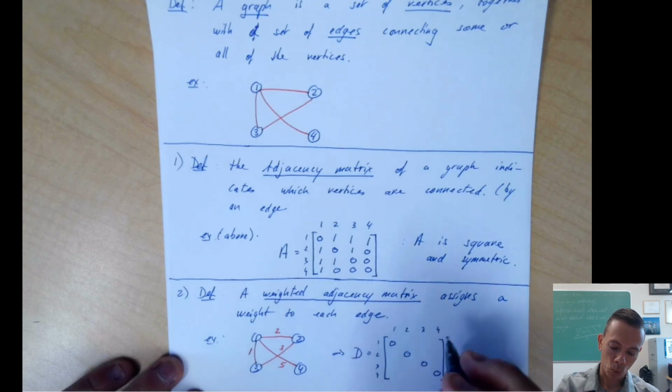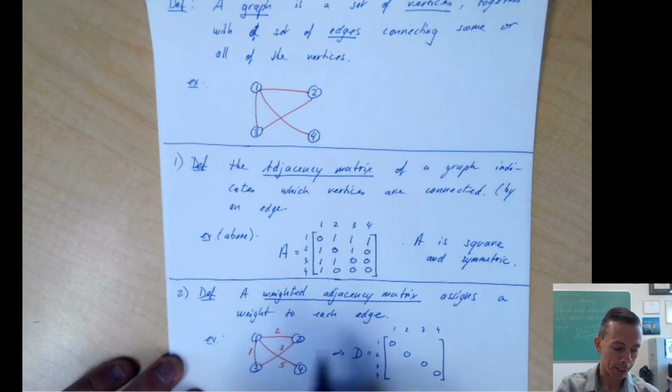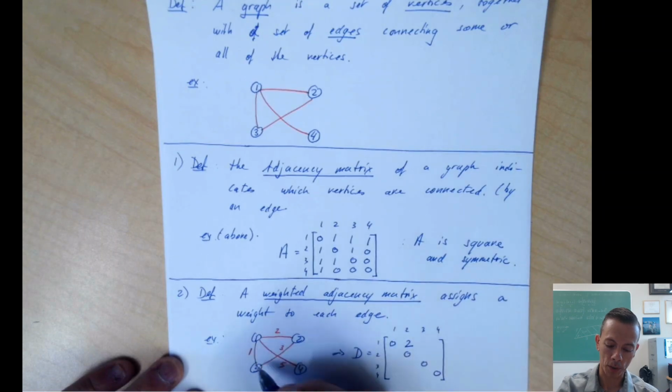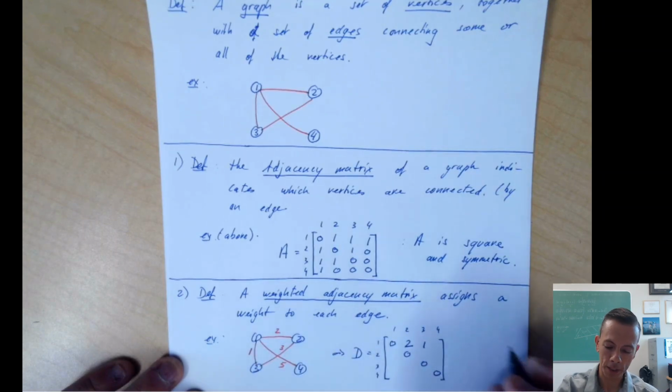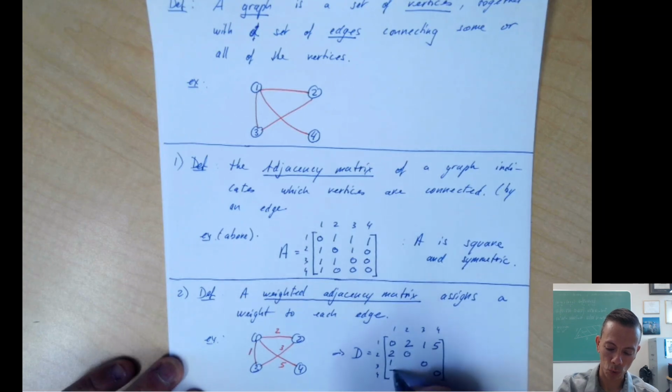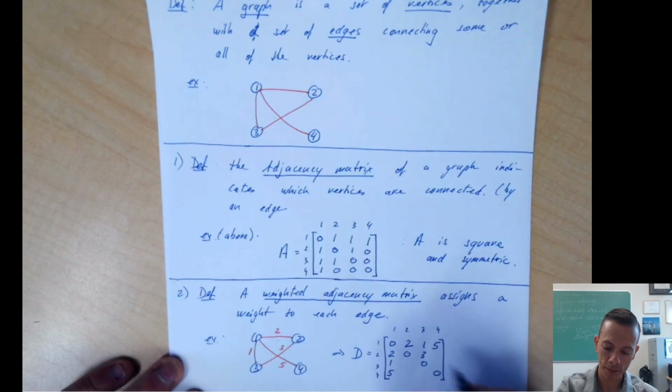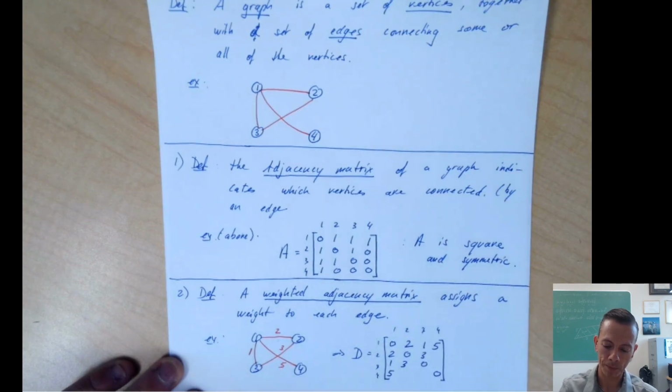But now 1 is connected to 2 using an edge that has a weight of 2. So we put a 2 right here. Similarly, 1 and 3 are connected with an edge of 1 and 5. This is symmetric, so these 2, 1, 5 reappear here. 2 and 3 are connected with an edge of weight 3, so this 3 appears here.